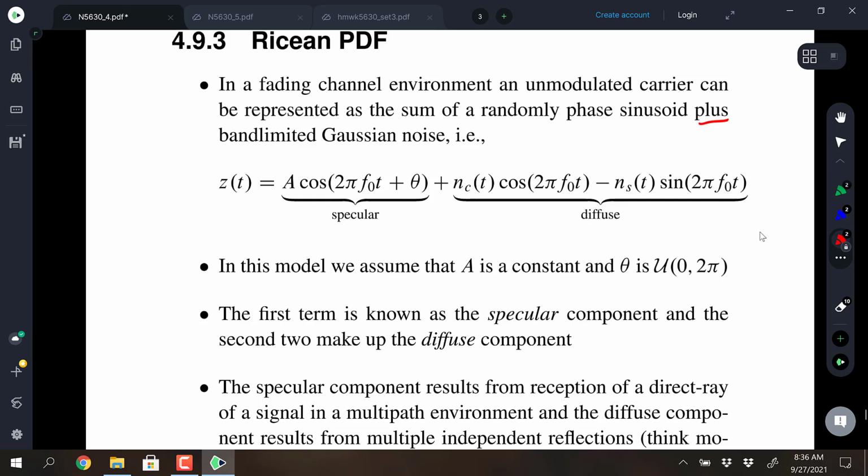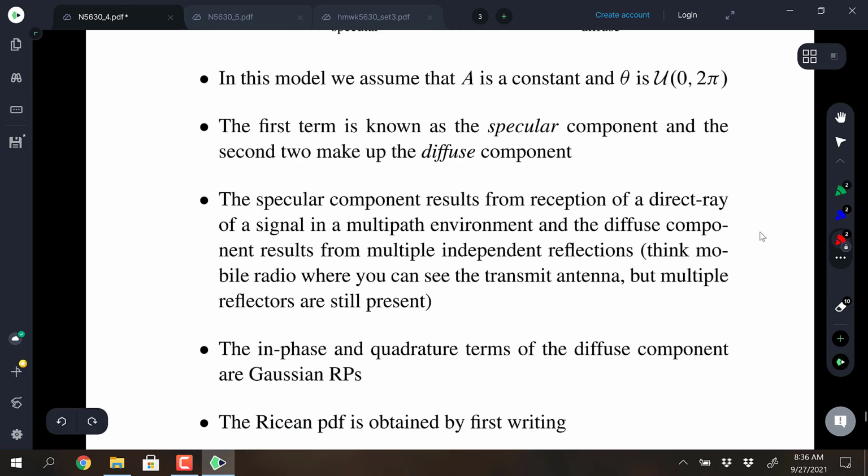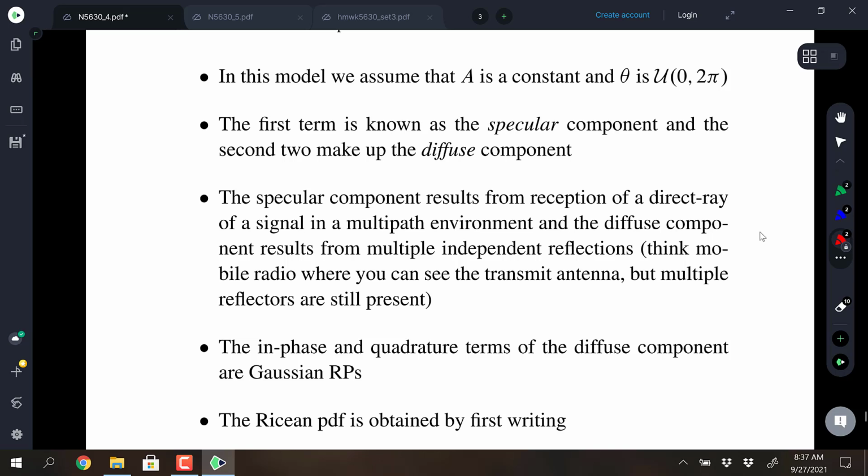So we'll assume that A is a constant and theta, because of the number of arrivals, we're going to assume that it's uniform on the interval 0 to 2 pi. So they're called specular and diffuse component. This is the setup for the Rayleigh fading channel.